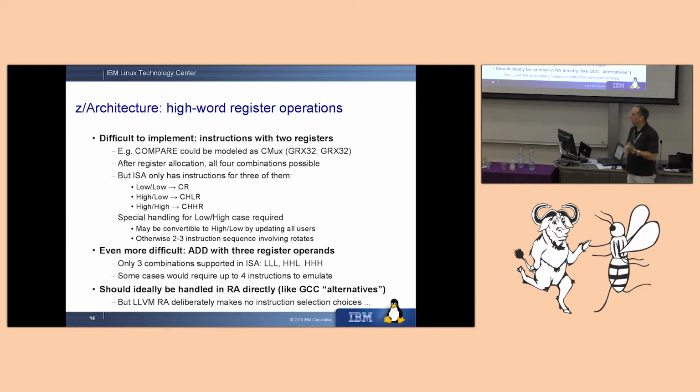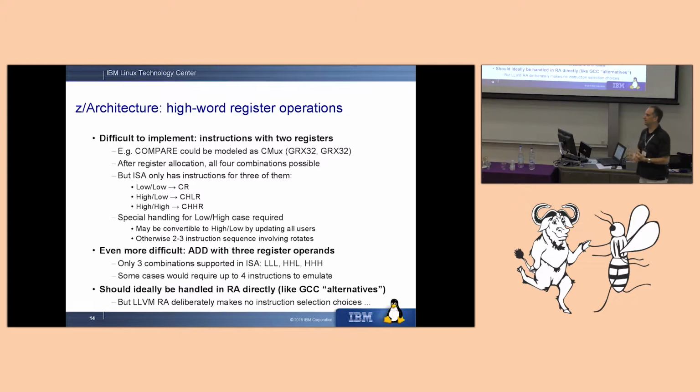It's one thing to have one of these registers in an operation, but it's more complicated if you have 2 of them, because then the register allocator can choose any variation. In this case, you can have a compare of low half with low half, that's easy. High half with high half, okay, we have that. But high half with low half and low half with high half, we actually have just one of them.